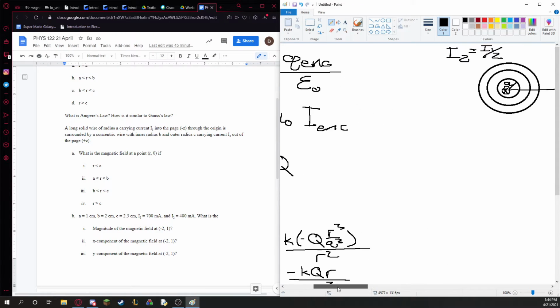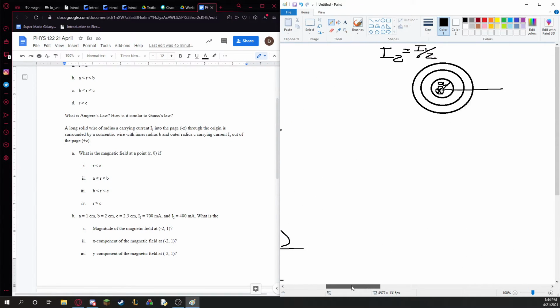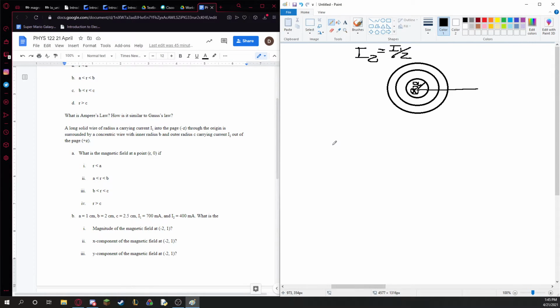And how did you get that? How do we actually derive that from Ampere's law? If we want to derive mu naught I enclosed over 2 pi r from Ampere's law, what do we need to do?